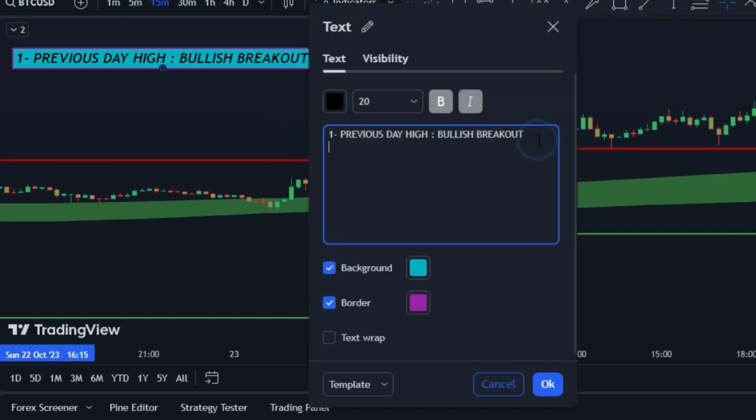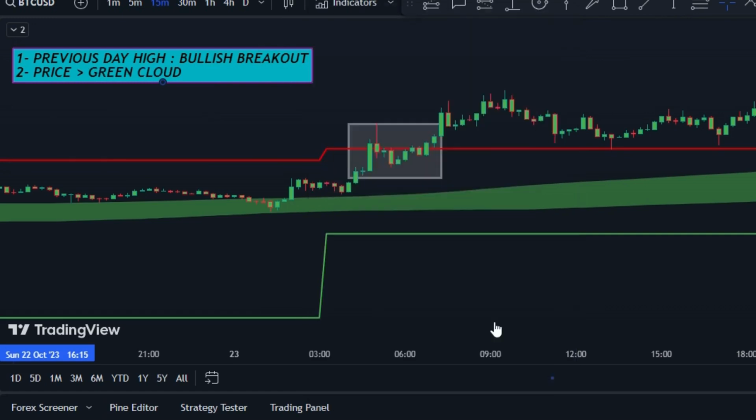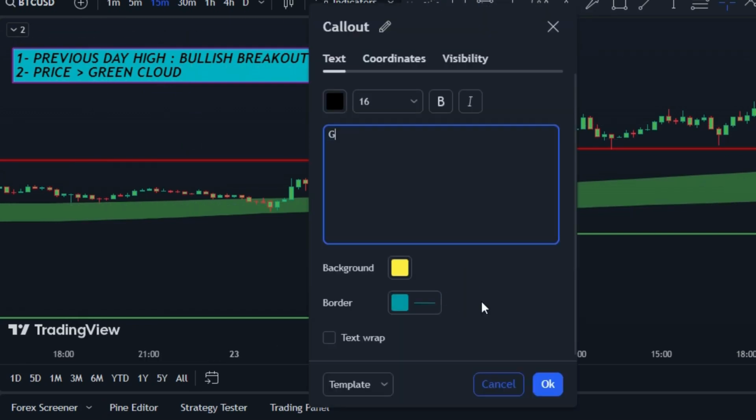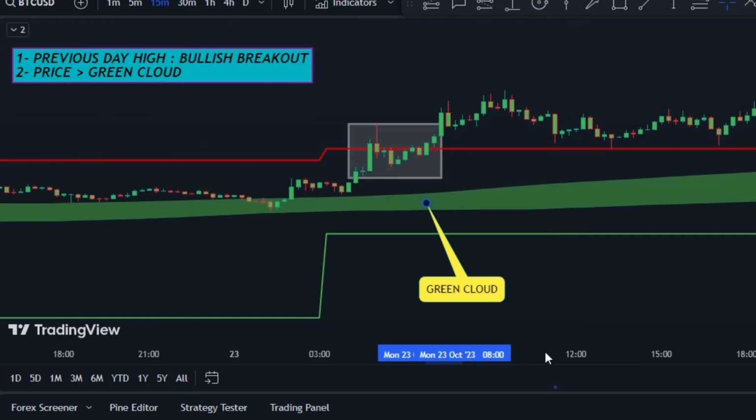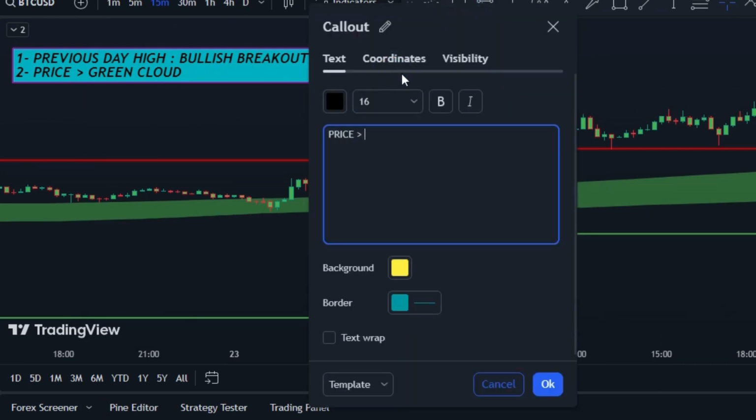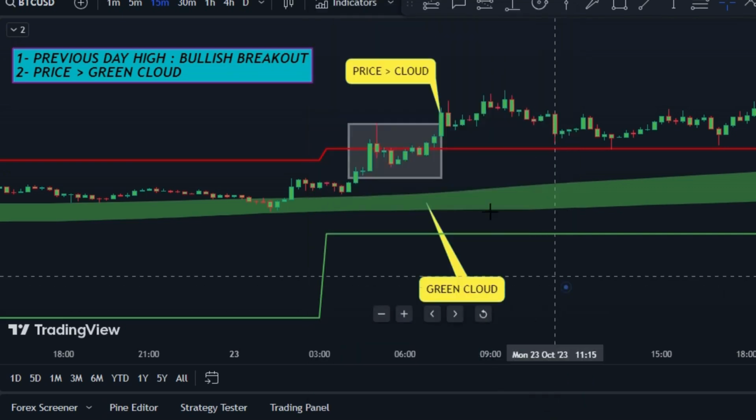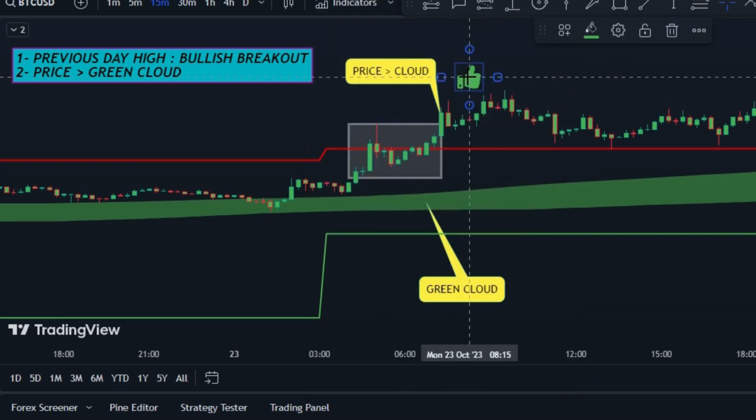Then the market needs to be going up. If these two things are true, you're good to go for a long trade.